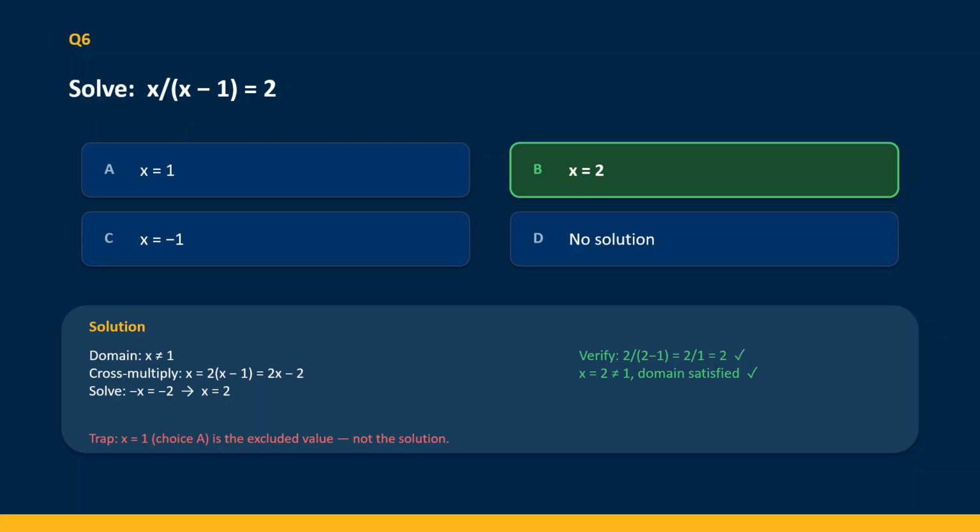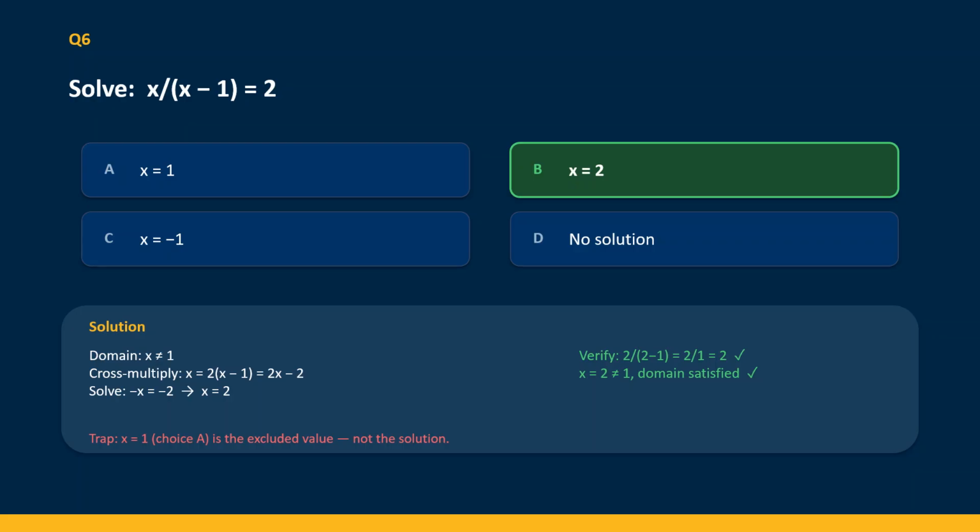Choice A, x equals 1, arises from pattern matching the denominator rather than solving the equation. This is a particularly instructive distractor because x equals 1 is precisely the value excluded from the domain. Selecting it indicates that the student has confused the domain restriction with the solution.